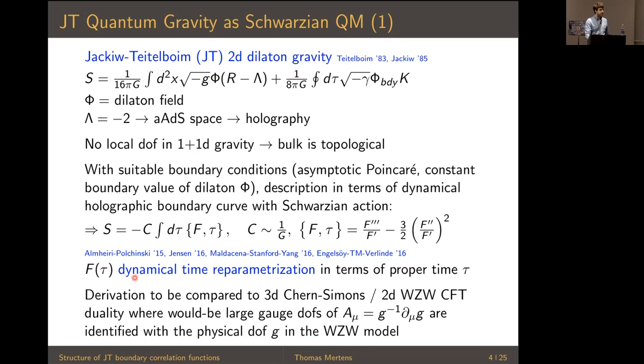Excuse me, there's a question in the chat. Yeah, sorry. You say lambda is a cosmological constant, but usually lambda is just a coefficient in front of square root of minus g without the dilaton. And if you add this term, it should be a slightly different model, a richer model. You cannot just eliminate this term. You're absolutely right. There is also another model where you won't have that lambda multiplying the dilaton field phi.